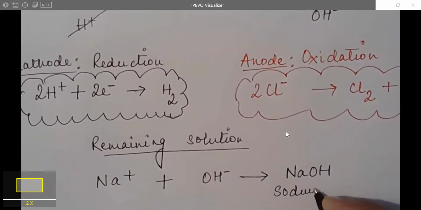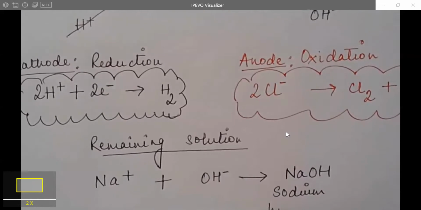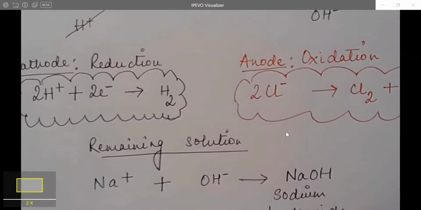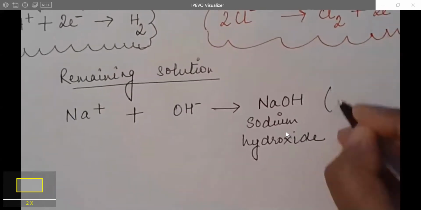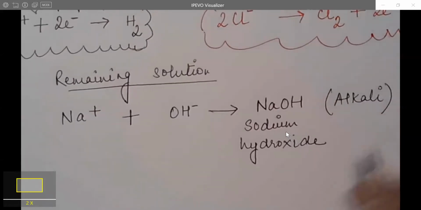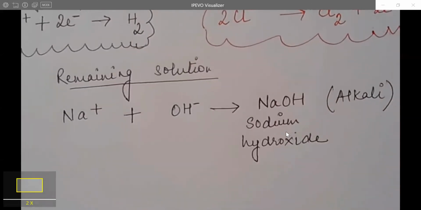So the remaining solution consists of sodium hydroxide, and sodium hydroxide is an alkali. And therefore the remaining solution after the electrolysis of brine turns alkaline.